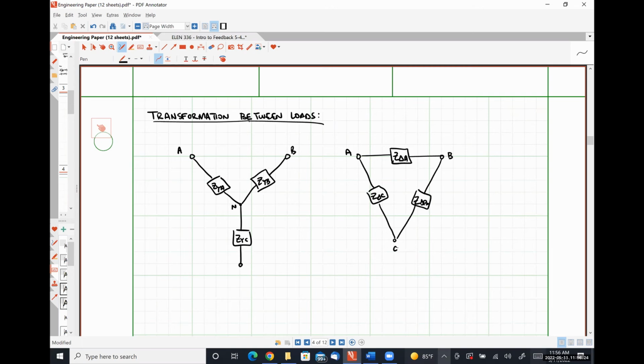So how we're going to approach that is to effectively look at what the impedance we see is between each terminal pair.